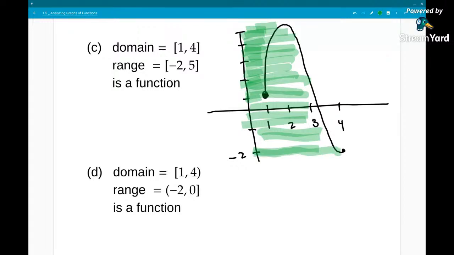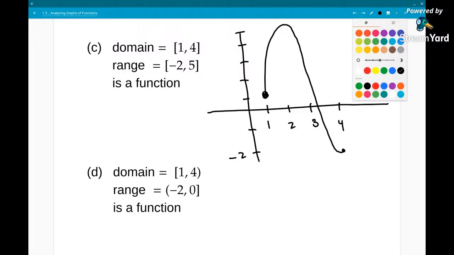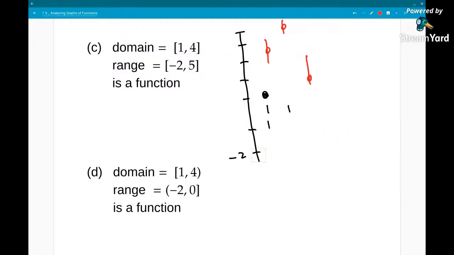So everything in between here pairs with some x. So those are my range values. Those are the set of outputs that I get. And it does classify as a function because it passes the vertical line test. Only one intersection, no matter how you draw that. Great. So there's infinite answers.